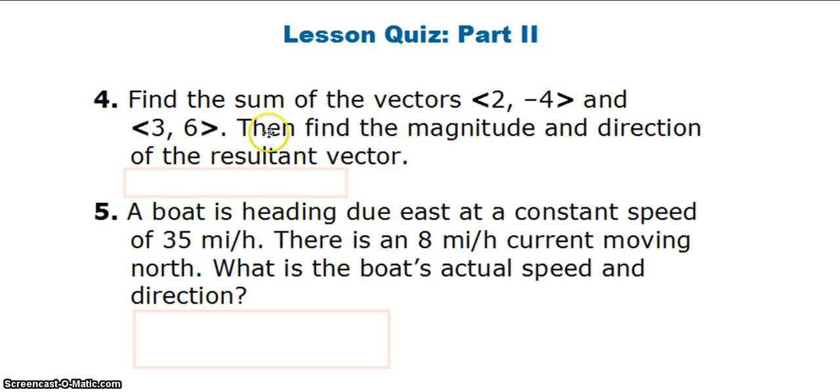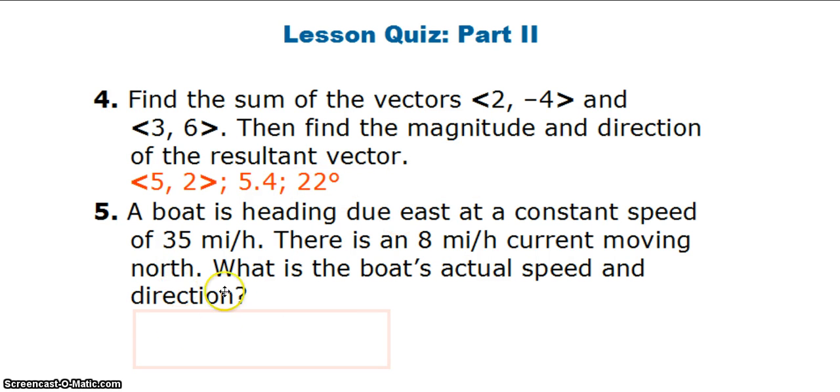Find the sum of these vectors. And so we simply have 5 and 2. That's easy. It's already given to us in component form. You simply add, right? Then find the magnitude and the direction of the resultant vector. So we have 5, 2, magnitude, 25 plus 4, 29, square root of 29, about 5.4. And the direction, inverse tangent of 2 over 5, and you have 22 degrees.